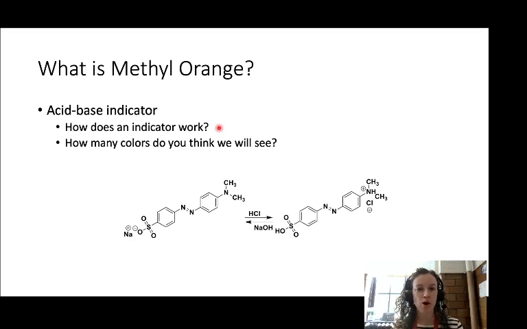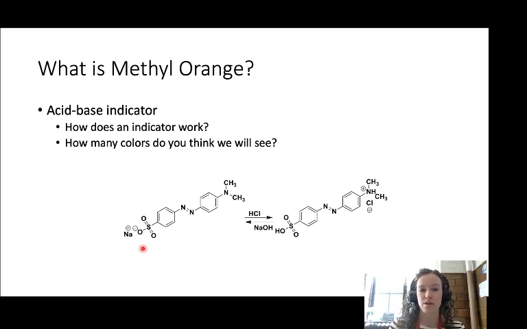The acid form and the conjugate base form will have a different color. So generally, folks, large conjugated systems, very extended conjugated systems, tend to have color. Electronically, they're just right to absorb some wavelengths of light so that we see color.